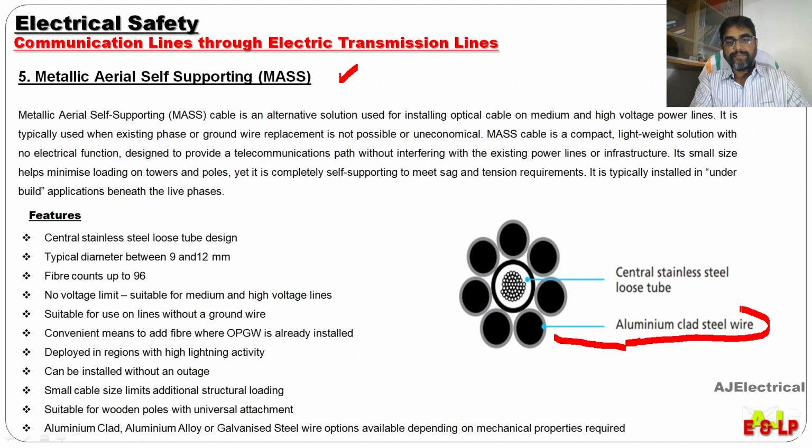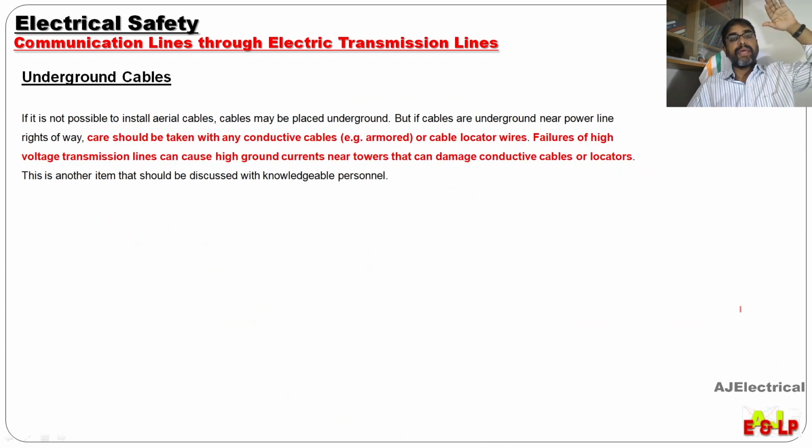Okay. So far we were discussing the aerial method, or through the air, the drawing of the cables. Now in some cases it may not be possible for such aerial drawing, and in such cases underground cables will be drawn. I told you the purpose of this communication is for the utility.